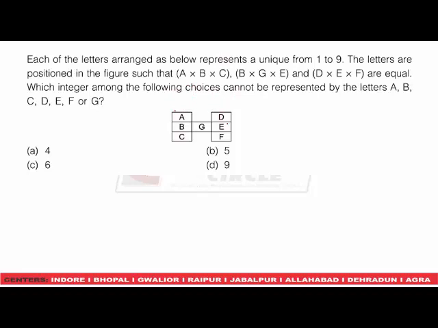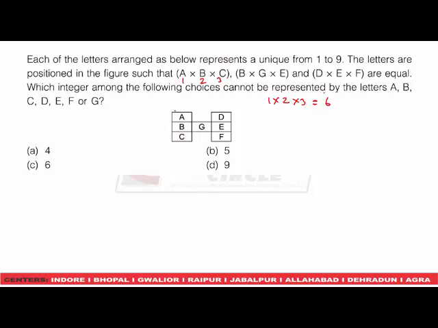The approach we can use is that we take initial few integers and multiply and see what the appropriate values are. Suppose we have taken A 1, B 2, C 3, so the multiplication will be 1 into 2 into 3, that is 6.